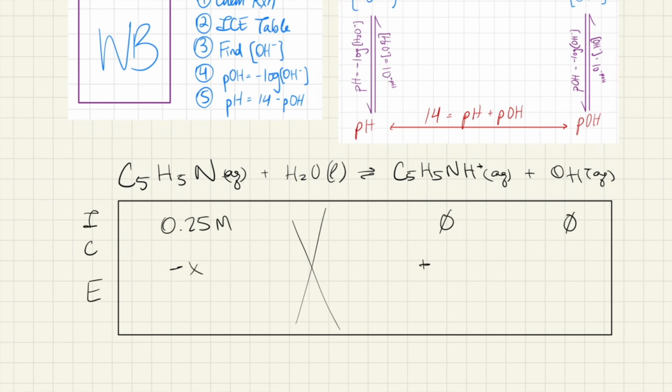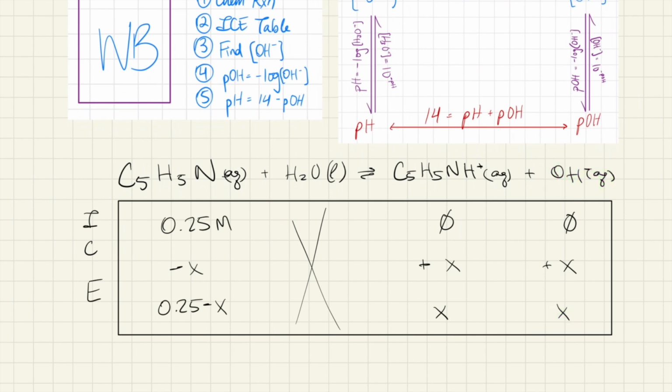We have a fairly typical ice table that comes out of this with all 1:1:1 ratios that's forward moving. So we have 0.25 minus X for the equilibrium concentration of the pyridine, X for the concentration of the conjugate acid, and X for the concentration of the hydroxide ion. Our whole job right now really is to find the hydroxide ion. So we want to figure out X.